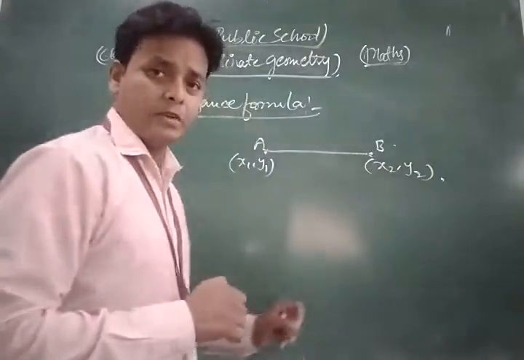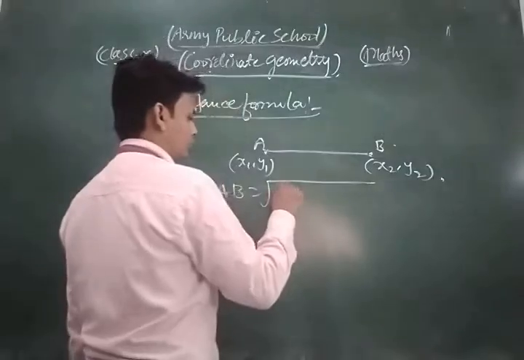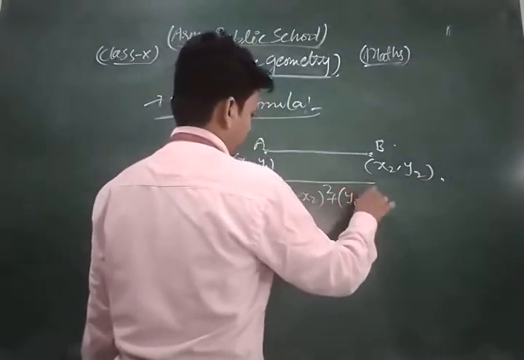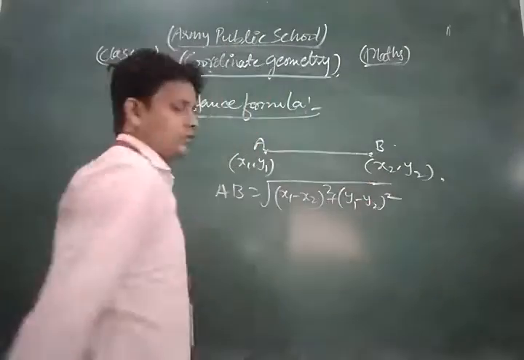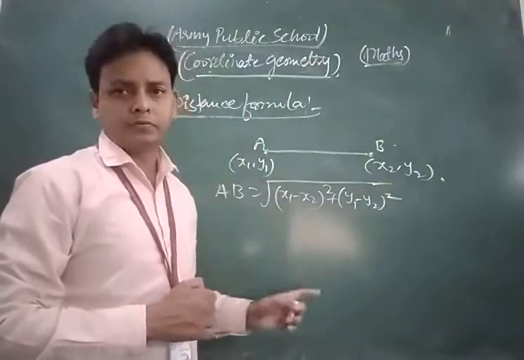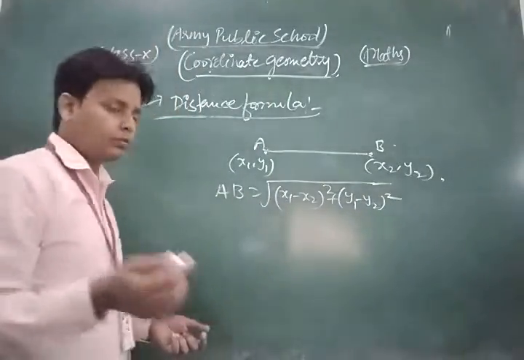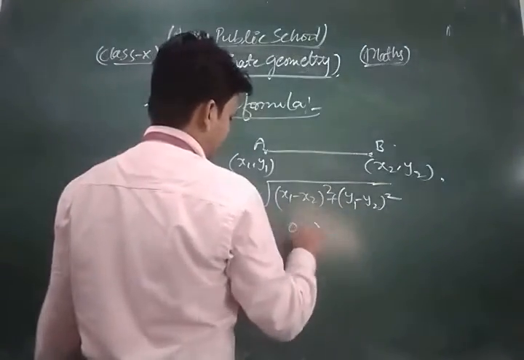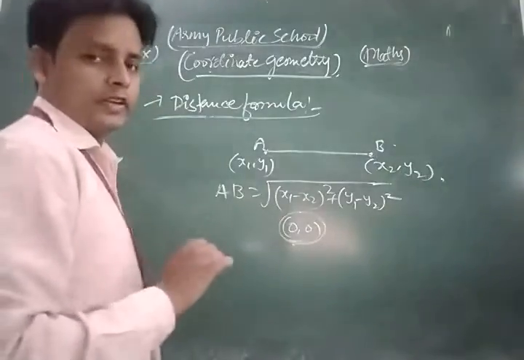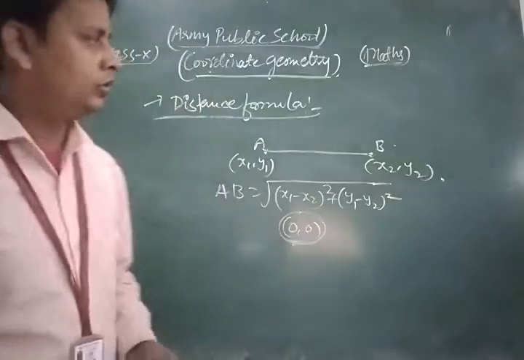Then the distance AB is given by the formula: square root of (x1 minus x2) whole square plus (y1 minus y2) whole square. This is a very important formula related to that topic. And you know that the point of origin we always take as 0, 0.